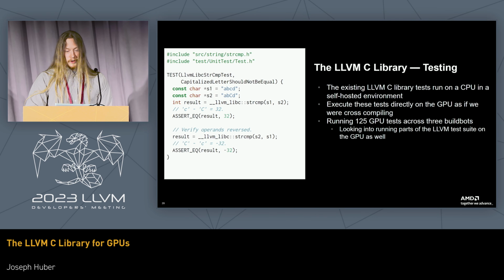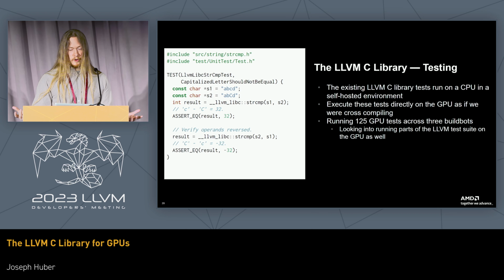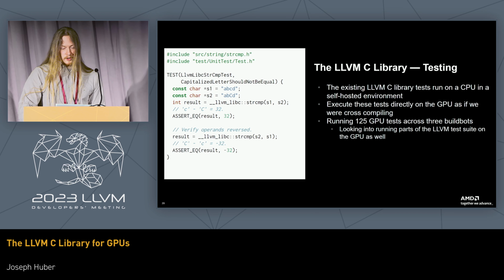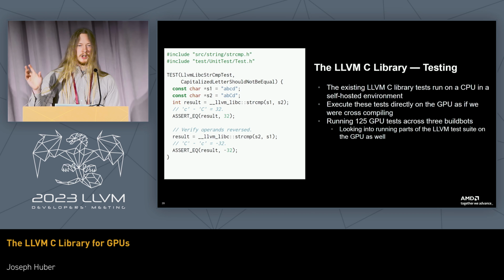So now that we've got all of that working, we can successfully take the LLVM C library and compile it entirely for the GPU. The LLVM C library test suite is pretty much a gtest-like suite. You can see an example on the left for string compare. It's got a bunch of global constructors and destructors in C++ that run and execute your function and check that the result is right.